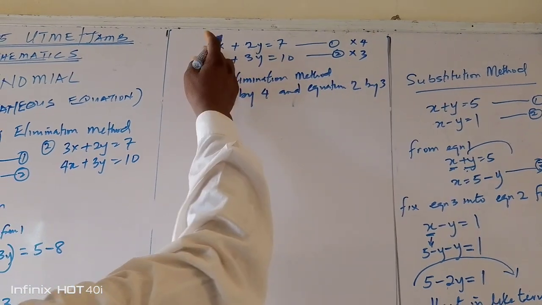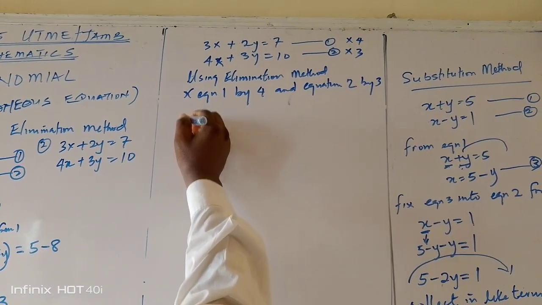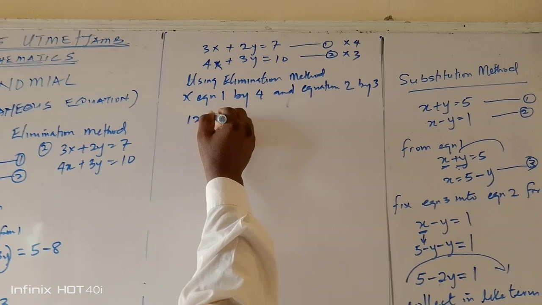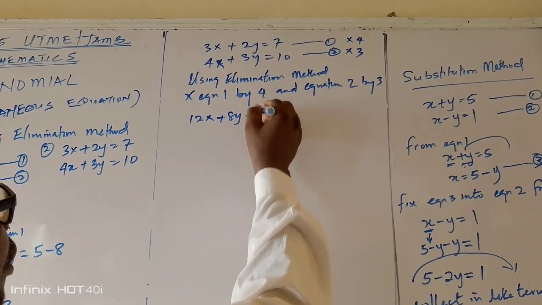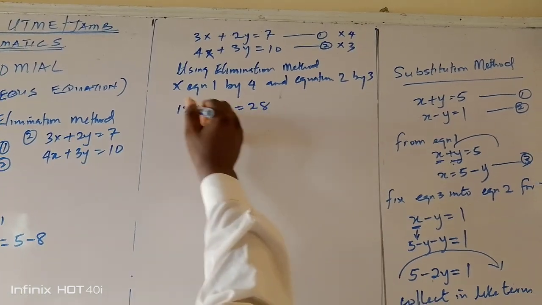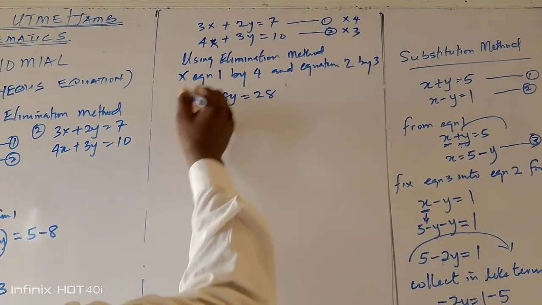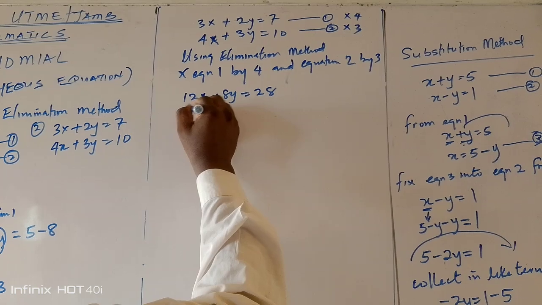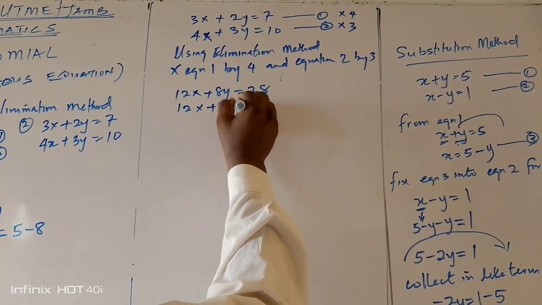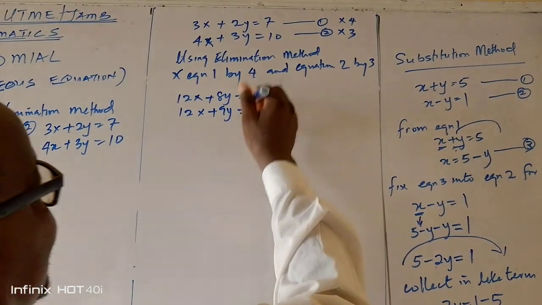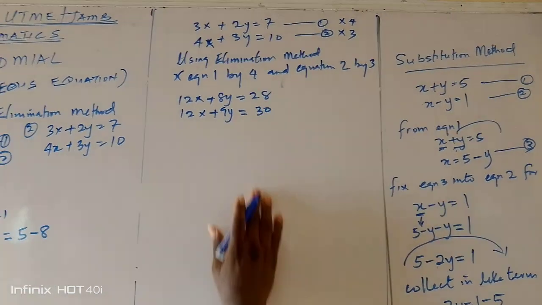So 3 times 4 is 12x plus 4 times 2, 8y, is equal to 4 times 7, 28. I'm multiplying equation 2 by 3. So 3 times 4 is 12x plus 3 times 3 is 9y is equal to 3 times 10 is 30.